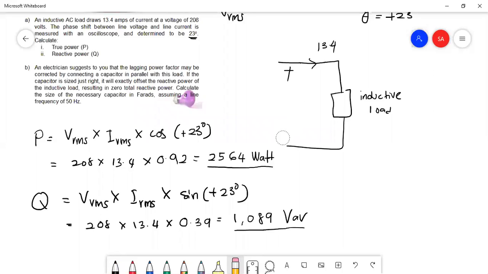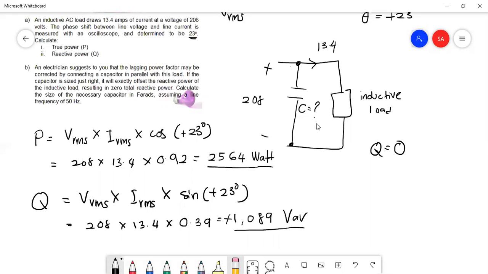The capacitor is connected in parallel, so the same voltage appears here, 208 volt RMS. The capacitor is connected in parallel with the inductive load, and the question wants you to find the value of the capacitance that needs to be connected so that the Q will become 0. In question A, we have already calculated our reactive power before connecting the capacitor.